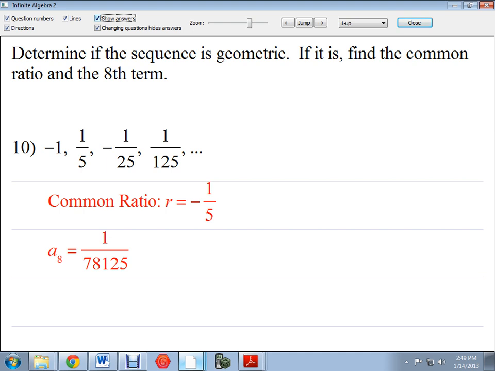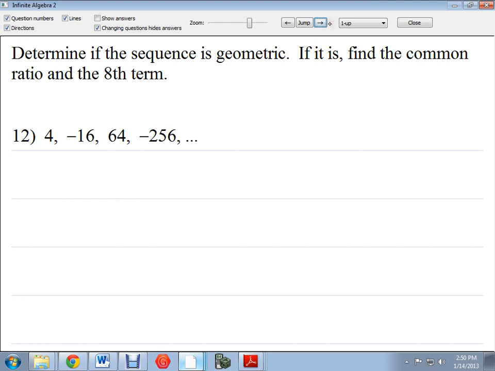If you did the sequence with the bottom, which is 1, 5, 25, 125, the 8th term is this 78,125 number, and you can see that the tops are just alternating signs. It starts off with a negative 1, then a positive 1, then a negative 1, then a positive 1, and so on and so forth. And so you can just find out whether it's going to be negative or positive. In this case, it'll end up being a positive 1 after you're all said and done.